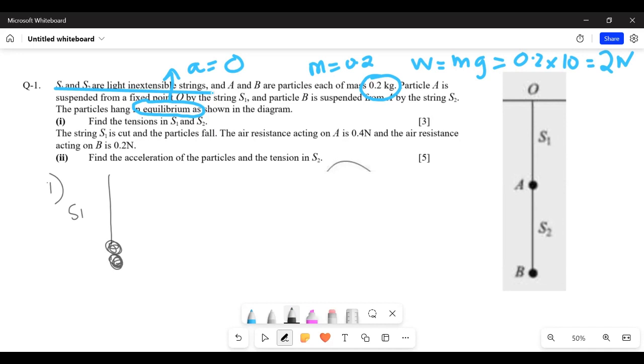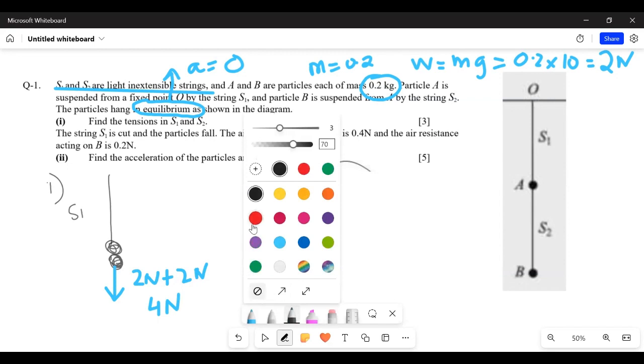The downward force is going to be 2 newtons plus 2 newtons. That is 4 newtons. You guys agree that S1 is carrying two weights, not just one? I hope you do. And that's the downward force.